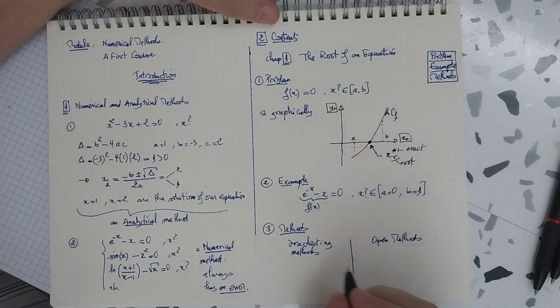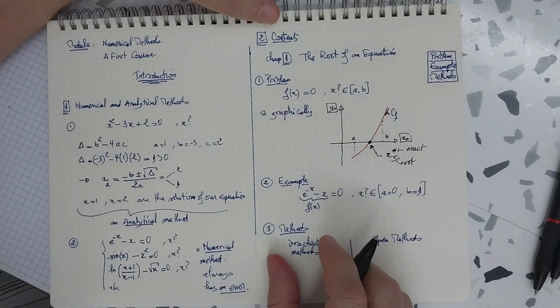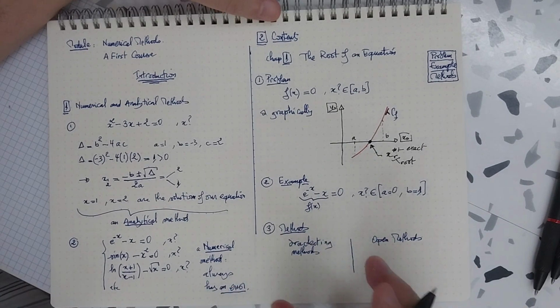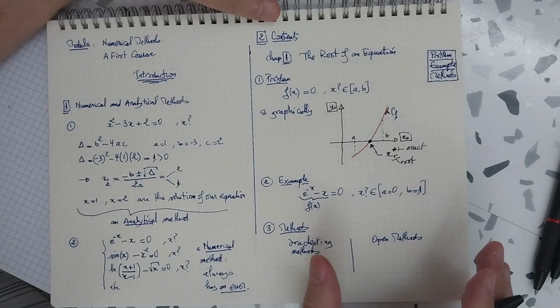Because of time, we will focus only on one method. Each chapter will have between 3 and 4 lectures. In the last lecture, I will give an overview of all the methods.